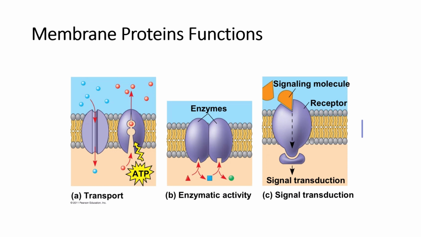They start the process of sending or creating a message that's going to end up changing the functioning of that cell. All right, so that would be signal transduction. So again, the proteins can function as transport of substances, for enzymatic activity, and also for signal transduction.